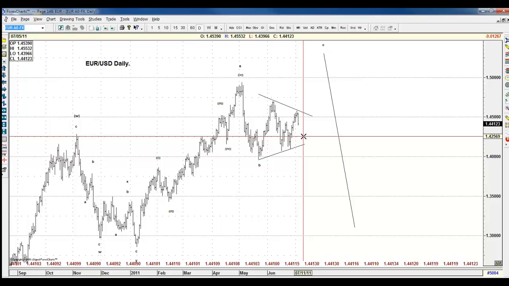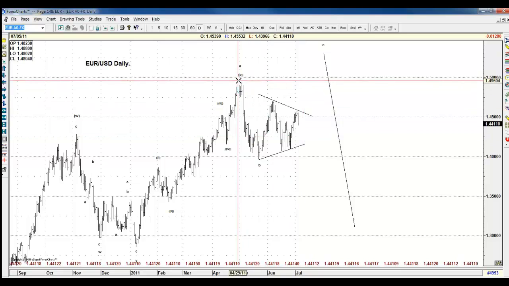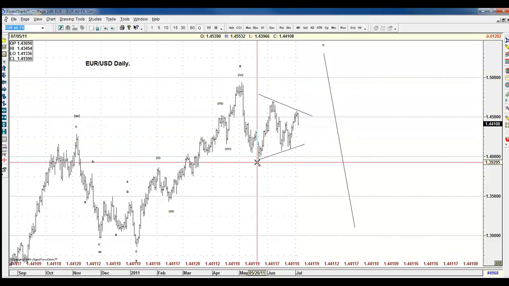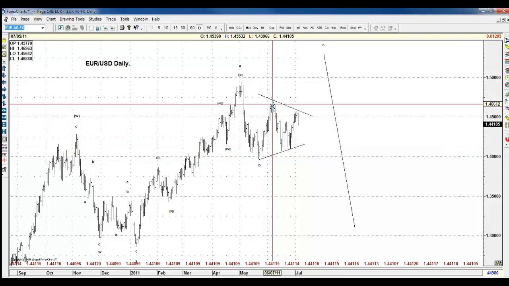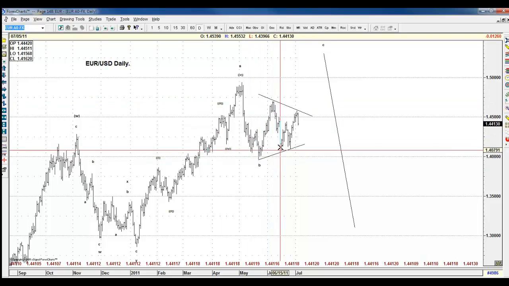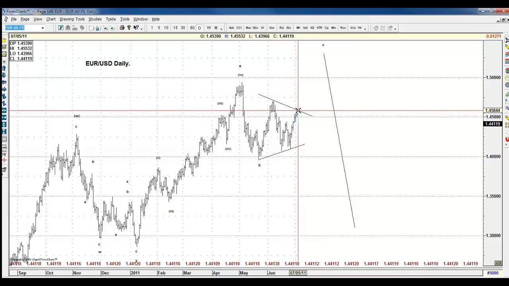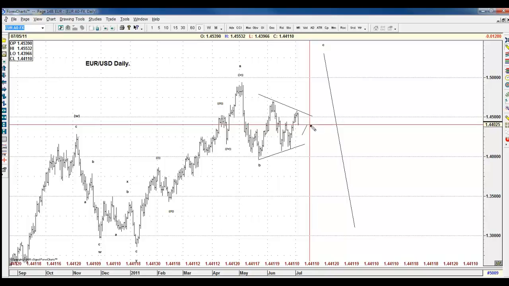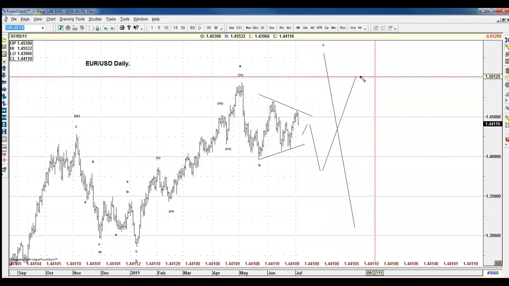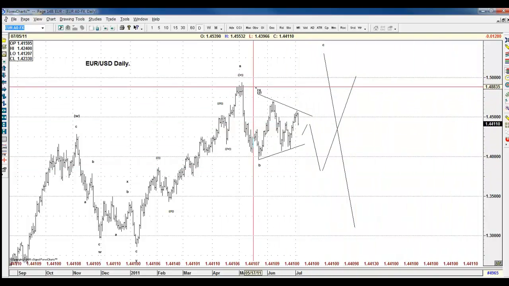Second scenario. This is A, and then we got the flat B, and then we got W, S, and we're gonna be down in 3 waves to the second scenario that was referring every day.